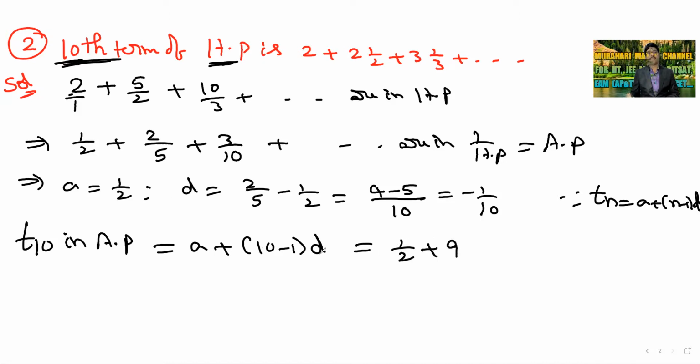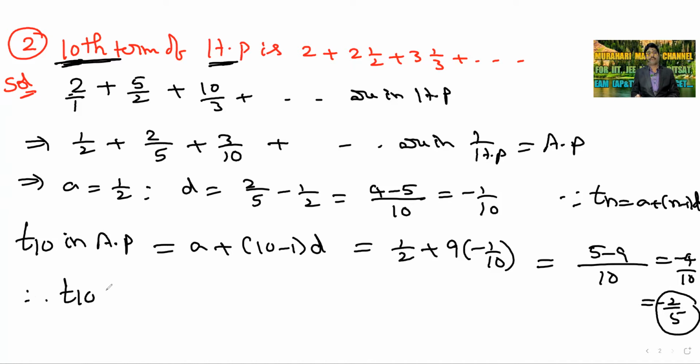So 9 into D, which is minus 1 by 10. Taking LCM 10, it is 5 minus 9, which is minus 4 by 10, equal to minus 2 by 5.